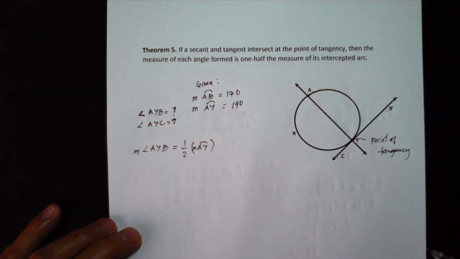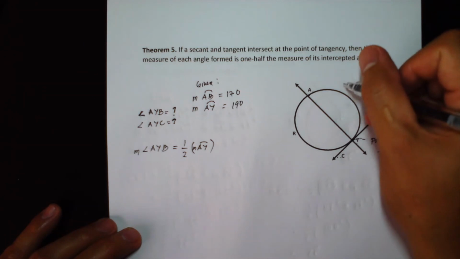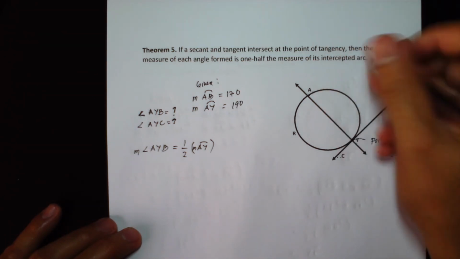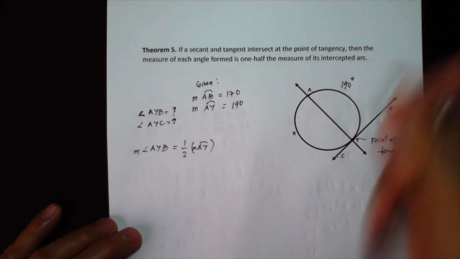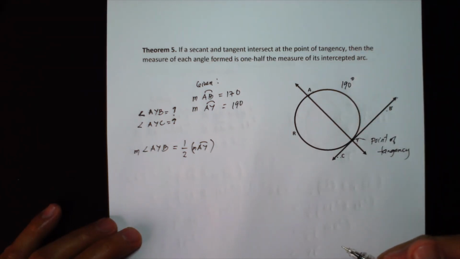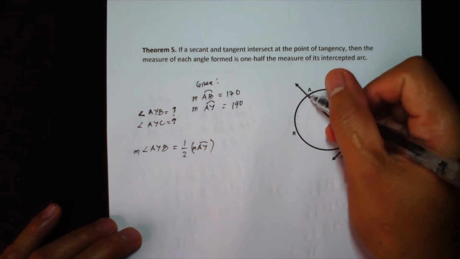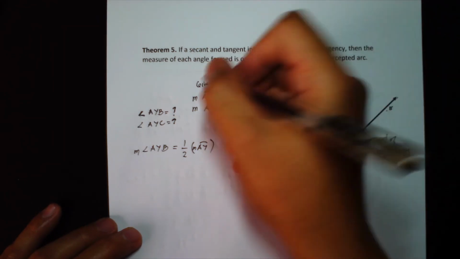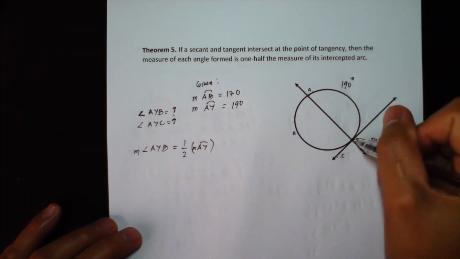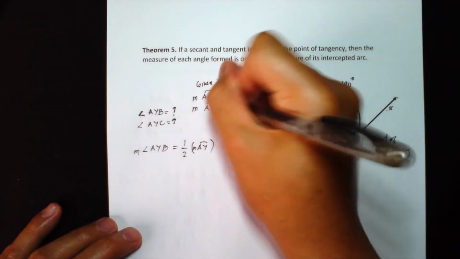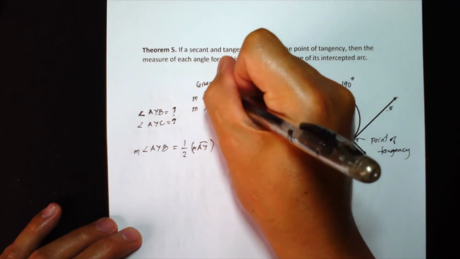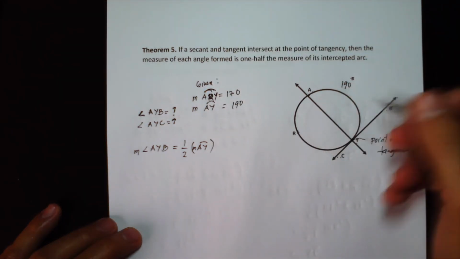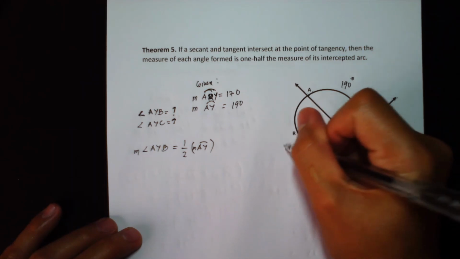Let's assign these on the figure so that you can visualize it. We have AY as 190 degrees, and arc ARY will be 170 degrees.